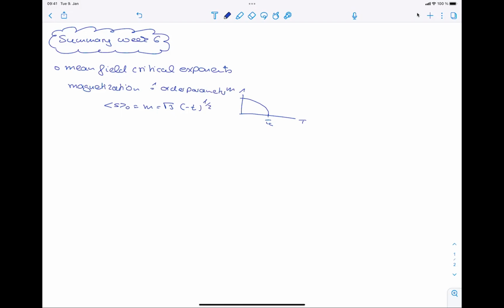And so the critical exponent here is beta, 1/2.